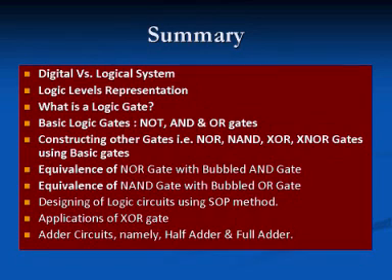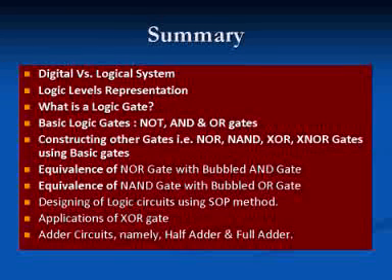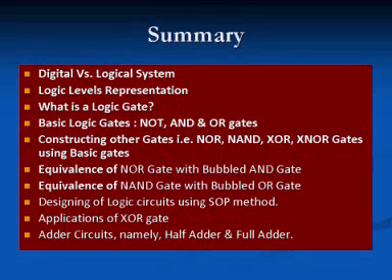Using these basic gates, other gates, that is NOT, NAND, XOR and XNOR can be constructed. We also understood the equivalence between NOR and bubbled AND gates and between NAND and bubbled OR gates. Through this module, we also learned to design adder circuits using the SOP method. With this, we come to an end of this module. Thank you.